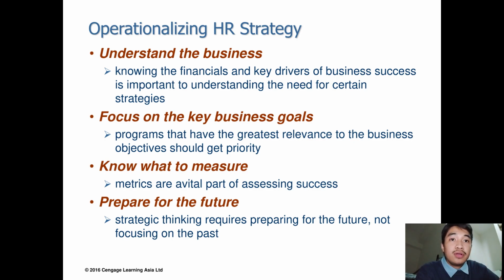Without these numbers, you wouldn't know if you're hitting your goals, hitting your KPIs, if you're doing something right or something wrong. Now, for preparing the future, strategic thinking requires preparing for the future, not focusing on the past. The past can be helpful in terms of forecasting data and other sorts like financials and everything.